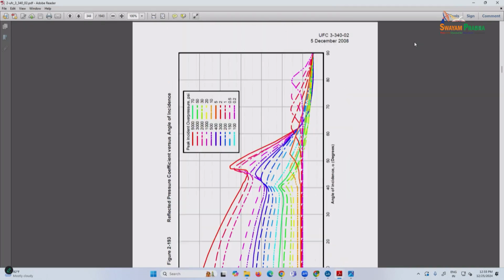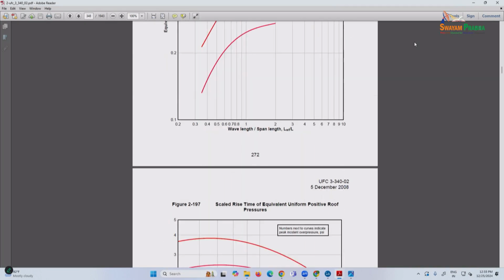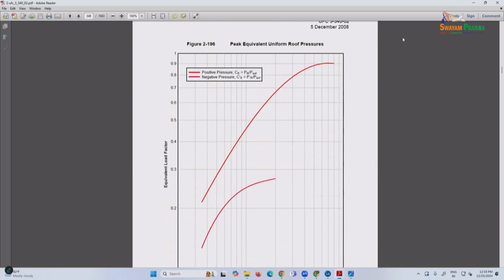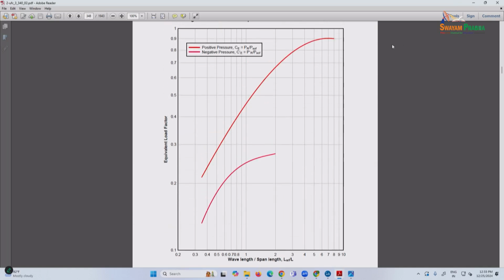So 2.87, 2.194. Yeah. So here, this is roof. So from figure 2-96, you get CE plus, and how much was LW by L? 2.51. So CE negative is still 0.28, and for 2.51 this leads to about 0.7475, you can say.